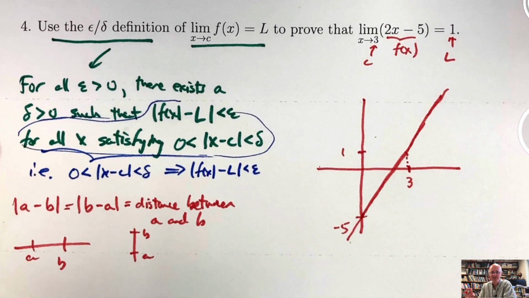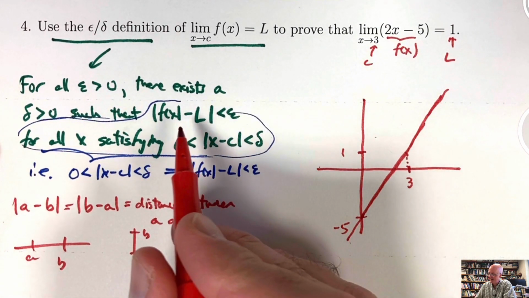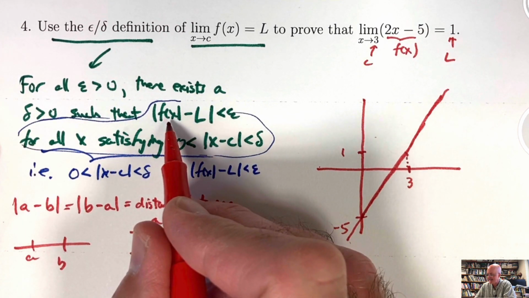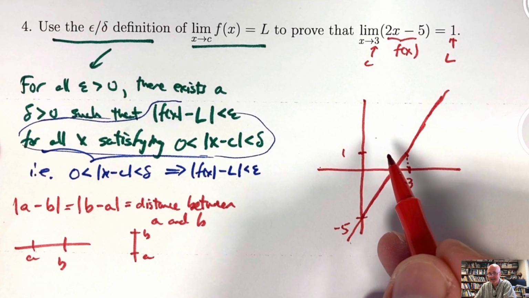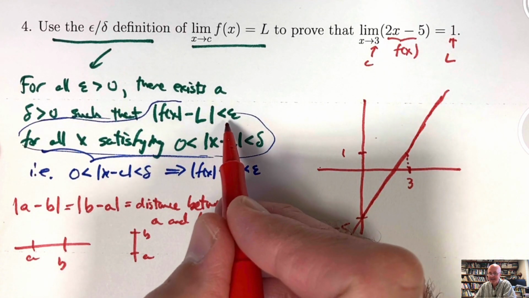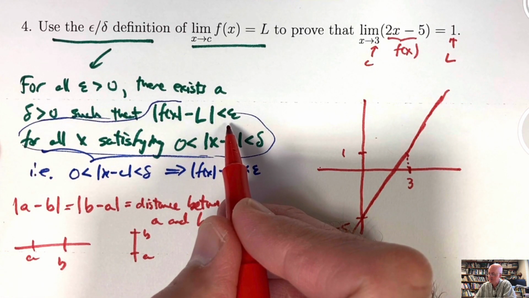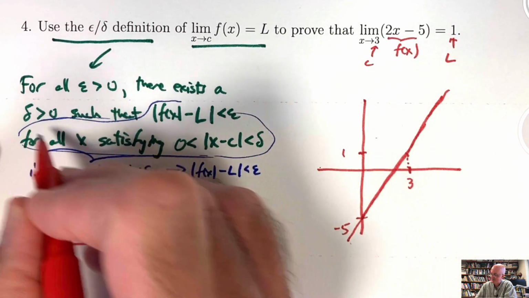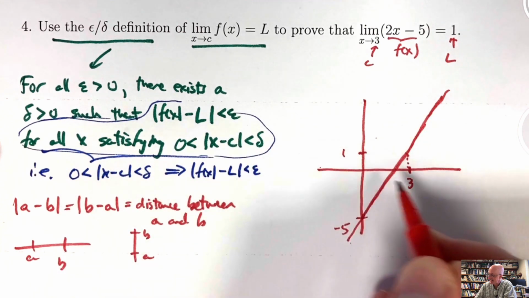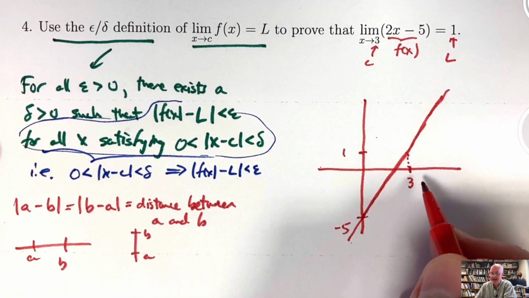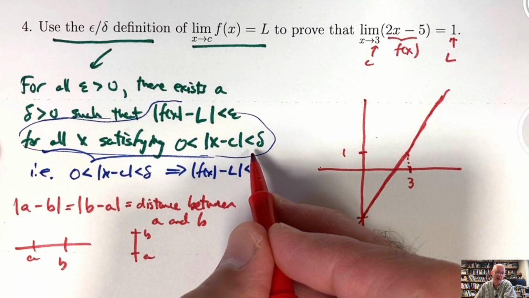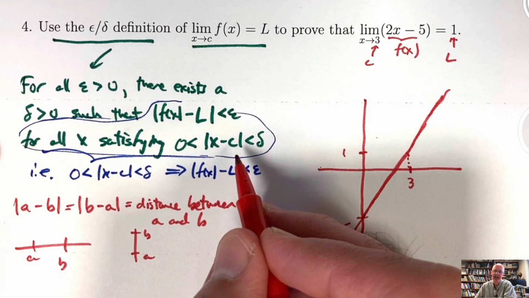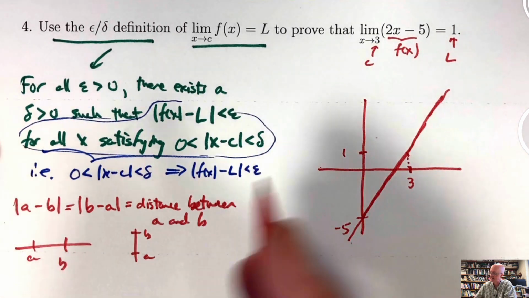No matter how small, I can make the distance between the function output f of x and L on the y-axis less than that arbitrarily small number, as long as the distance between x and c, x and 3 in this case, on the x-axis is less than a number I've found. There exists a number delta where I can do this. And I can do it no matter how small epsilon is.